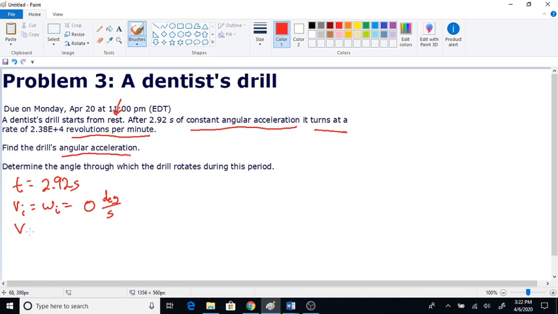So they give us the final velocity, or final W, and it is 23,800 revolutions per minute.